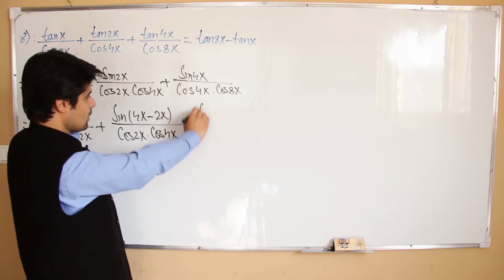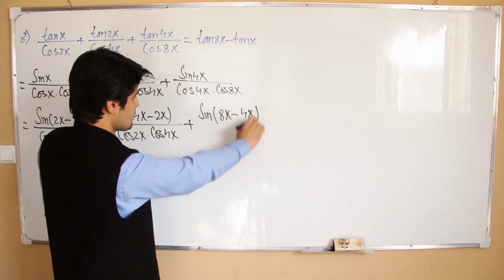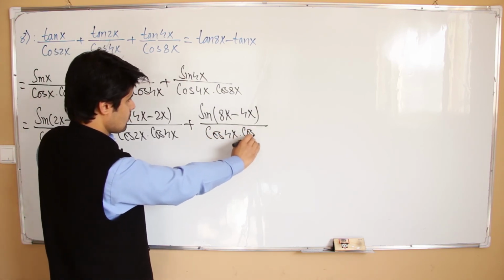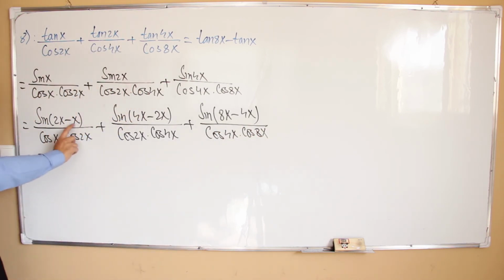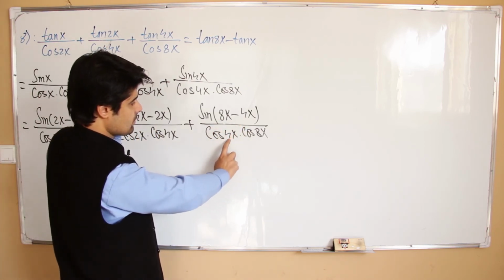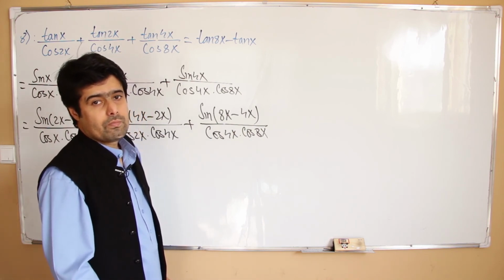And also here, can I write sine 8x minus 4x? Yes. We did for this one 2x minus x, we have 2x here, we have x. We have 4x and 2x, 2x and 4x. We have 8x and 4x, 4x and 8x. So I defined a relation between the angles.